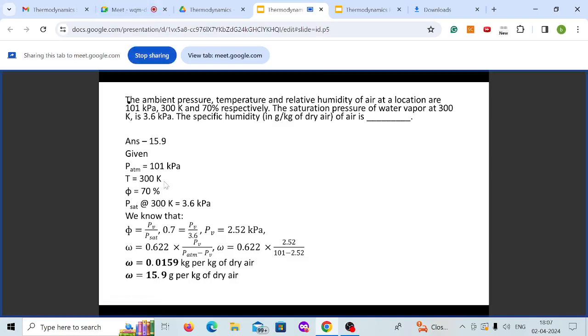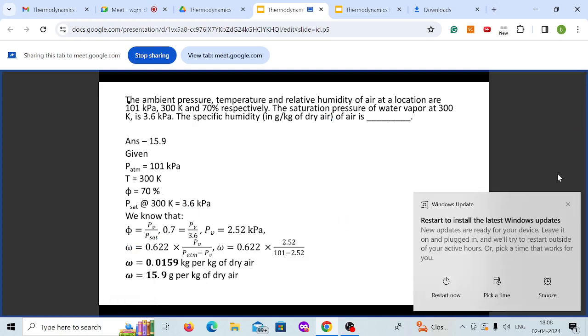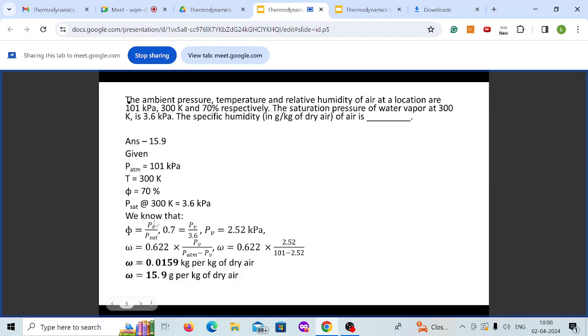You know the pressure, the temperature, and phi. P sat is 3.6 kilopascal, and with relative humidity 0.7 you can substitute and find the vapor pressure. Then substitute in the specific humidity formula, 0.622 times Pv divided by total pressure minus vapor pressure of water vapor. That will give you the specific humidity.